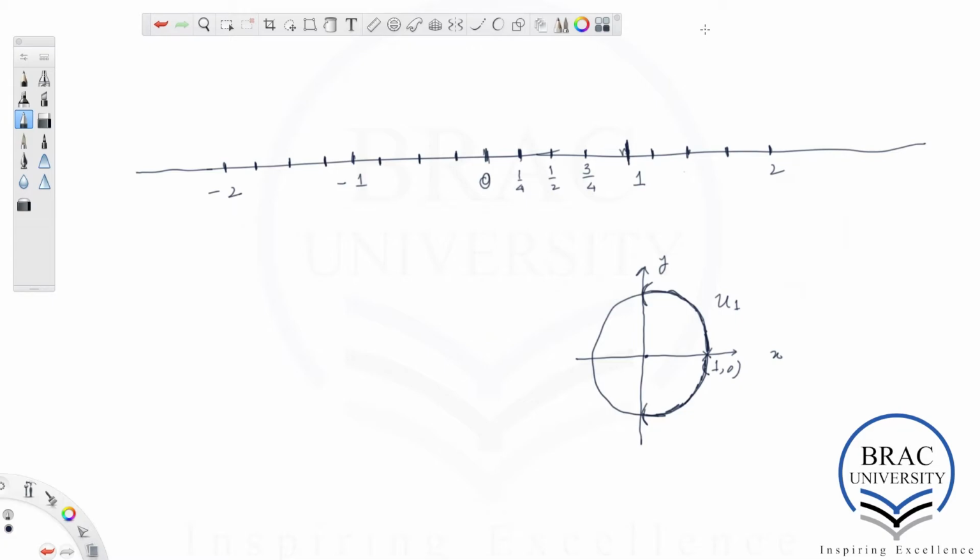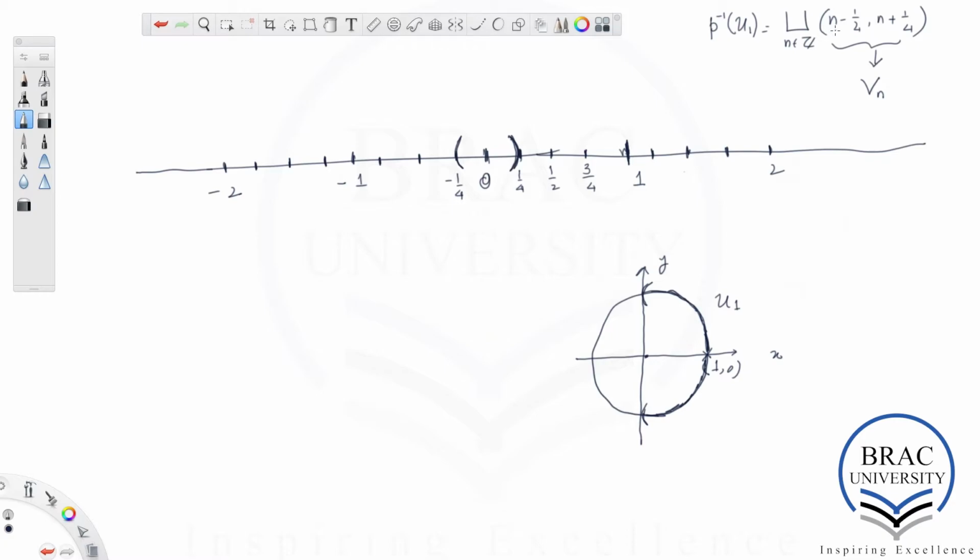Well, we know that the inverse image of U1 is the disjoint union of these open intervals n minus 1 quarter to n plus 1 quarter. So we call these open sets V sub n. So V sub 0 is the open set -1 quarter to +1 quarter, which is this set, right? Okay, this is -1 quarter to +1 quarter.